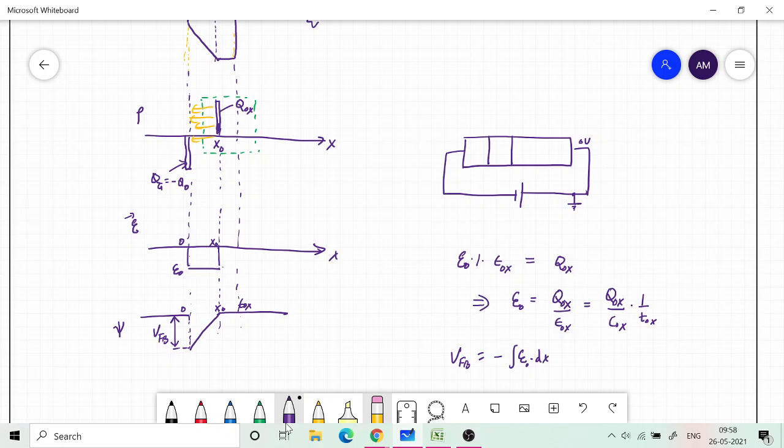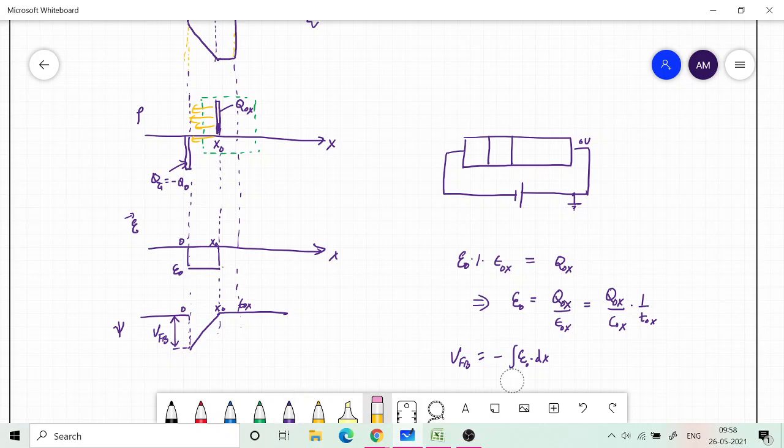From where to where do I have to go? I have to go from 0 to x naught. If I go from 0 to x naught, I will get a positive quantity, but I should rather go from x naught to 0.